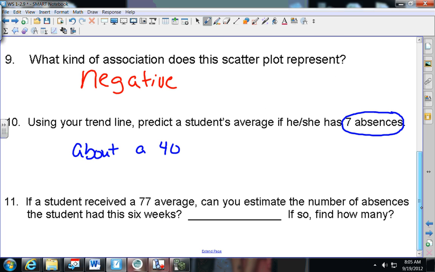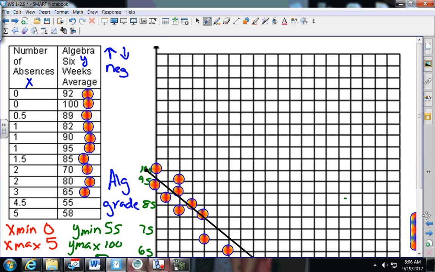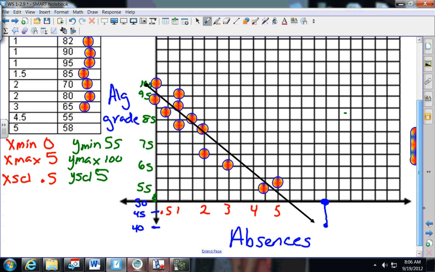Let's see if the next one fits on my line. Okay. If the student received a 77 average, what's the best estimate on the number of absences? So now let's go over here. Let's go to 77 on your line.